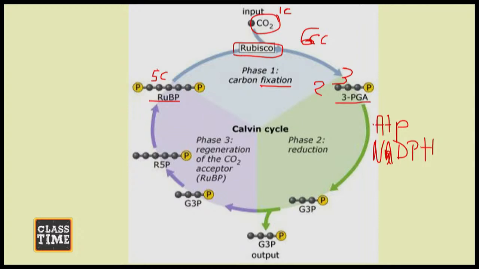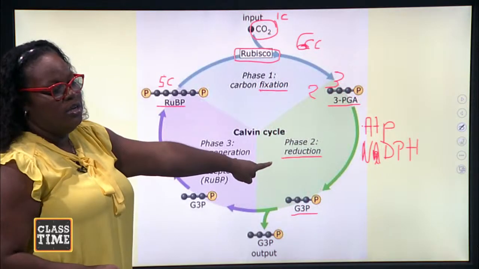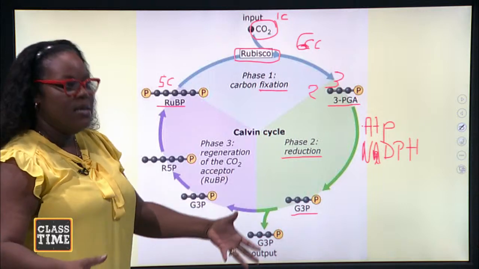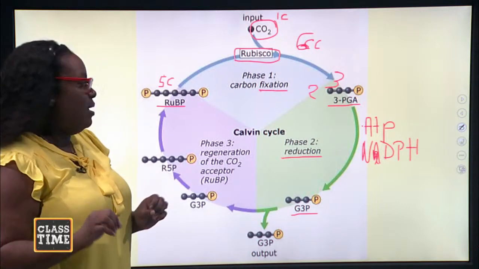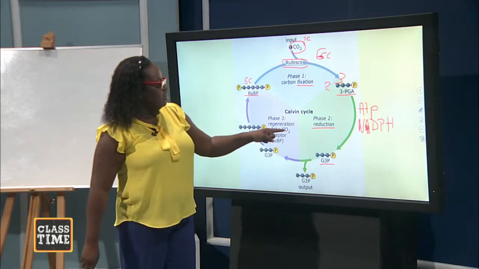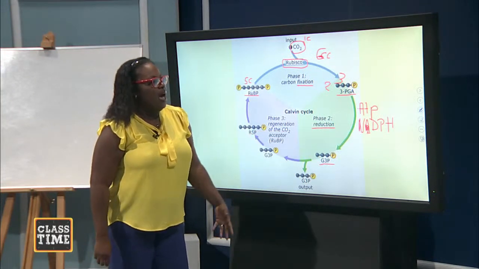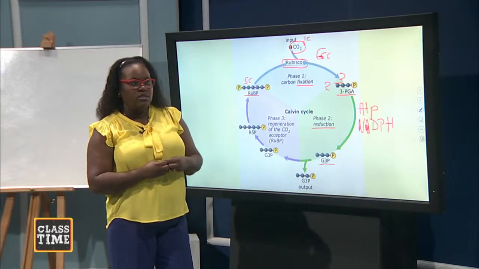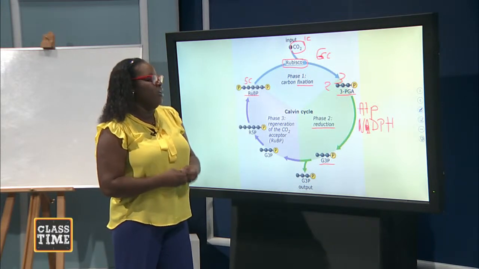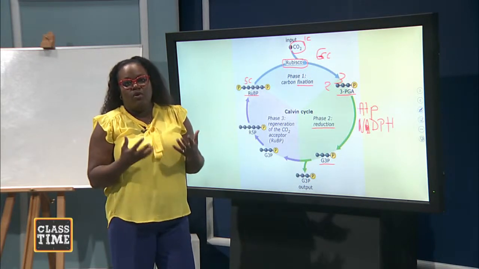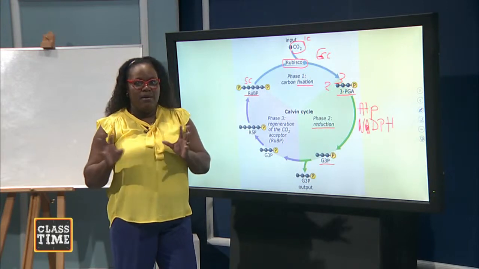Now, phosphoglyceraldehyde is still a 3-carbon compound because what happened in this conversion is what's called a reduction. Again, just like with fixation, the word reduction in science has a specific meaning to it. And that meaning is that a substance is either going to gain some electrons or gain hydrogen. And that is what reduction means from a chemical point of view.